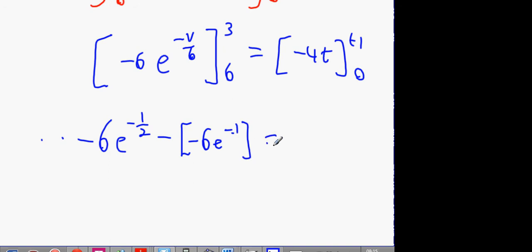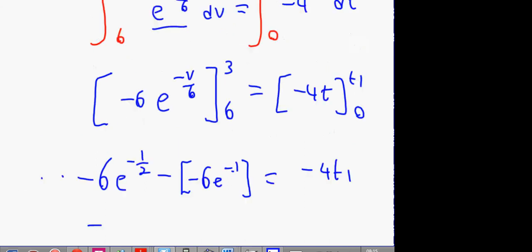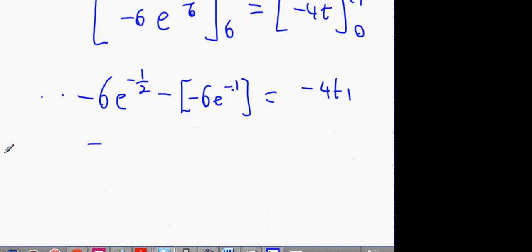And then we're going to have all of that equal to minus 4t1. Multiplied out, does it want it in terms of square roots? It sort of does, so it's going to be minus 6 over root e. I brought the e down below, changed to a square root sign, and this one here is going to be plus 6 e to the minus 1, which is basically over e.